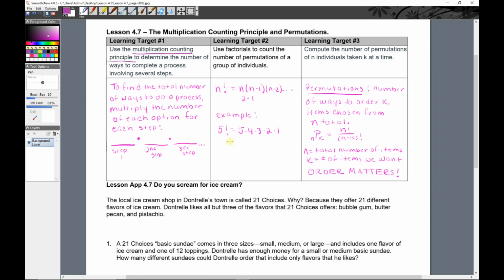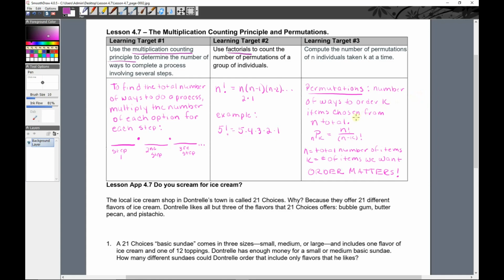Then using factorials to count the number of permutations, it's just going to have this notation, and it means n times 1 less than n times 2 less than n, all the way down to when you get to 2 times 1, and then the whole thing stops. So here's your example. And then permutations, this is the number of ways to order k items chosen from n total.